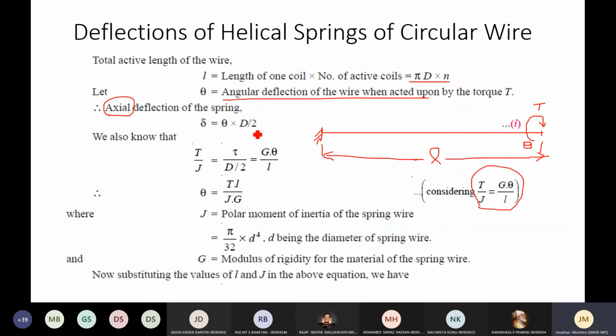Theta into D by 2 is the deflection of the spring, looking from the top.